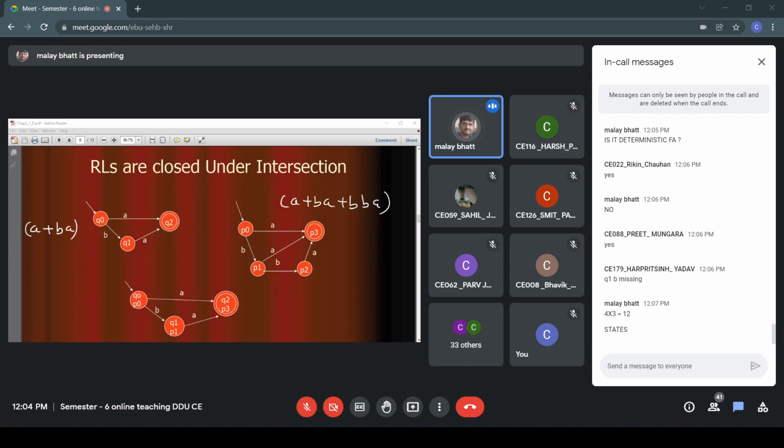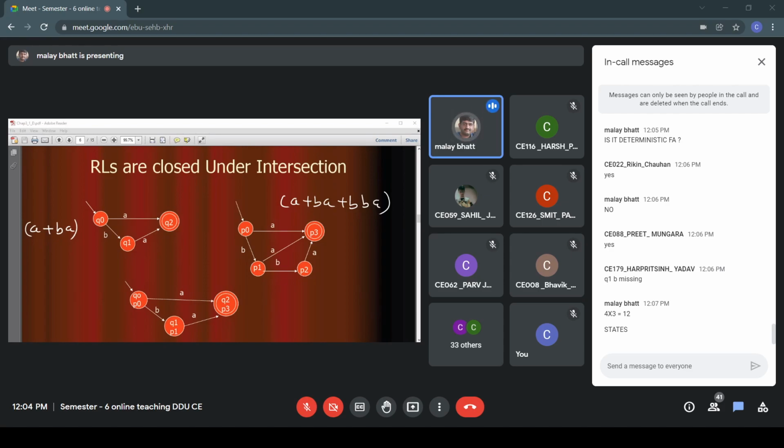Now in the final diagram, which patterns should be accepted? It should accept A and BA because it is the intersection. If you only consider the reachable states from the origin state, you can see that from P0, Q0 on input A, they are going to Q2, P3. So it is reachable from the original state.